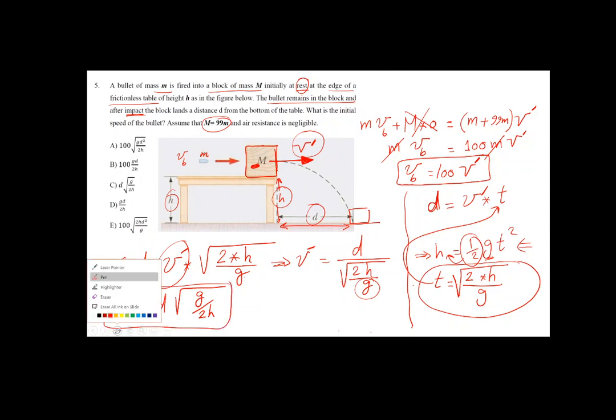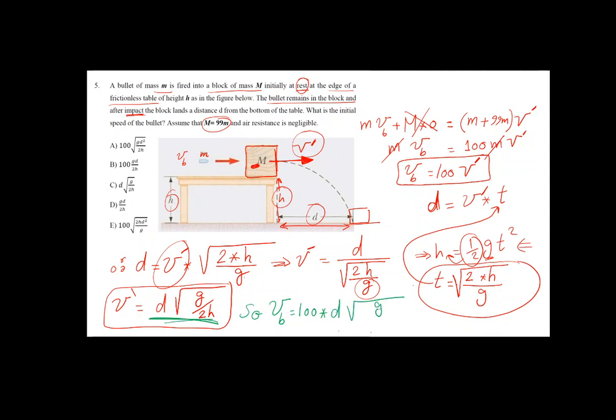Take this v prime and substitute it back in the first equation here. So I would say what? The speed of the bullet equals 100 times this term, which is d times the root of g over 2h.